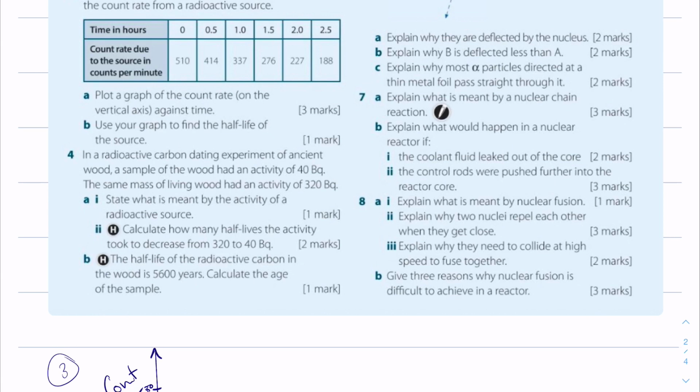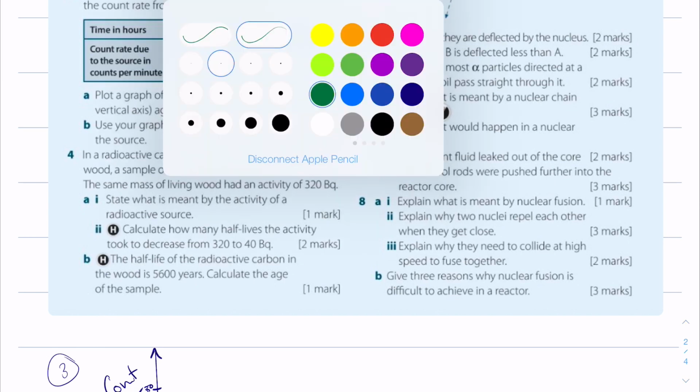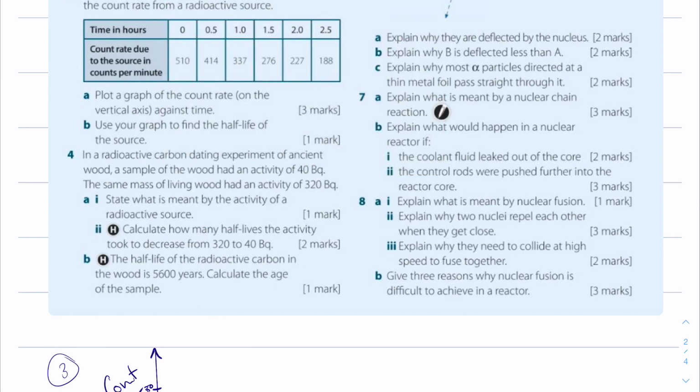4. In a radioactive carbon dating experiment, a sample of ancient wood had an activity of 40 becquerels. The same mass of living wood had an activity of 320 becquerels. State what is meant by the activity of a radioactive source. So the activity is the number of decays per second.